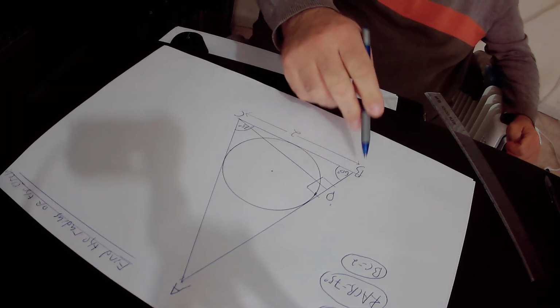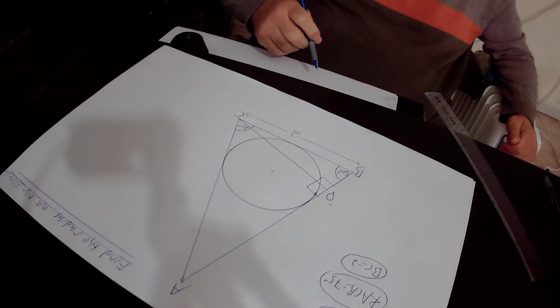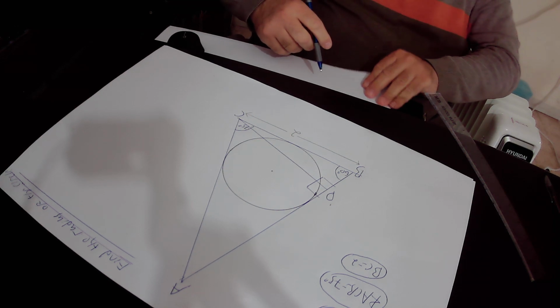So I'll copy the right triangle DBC in a new page.